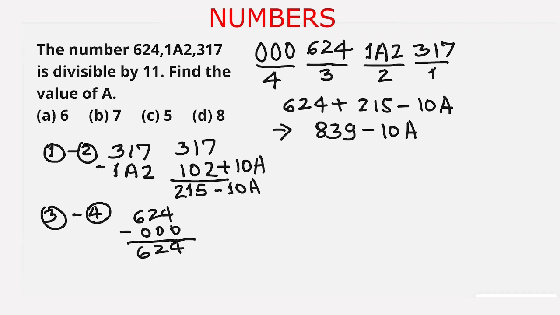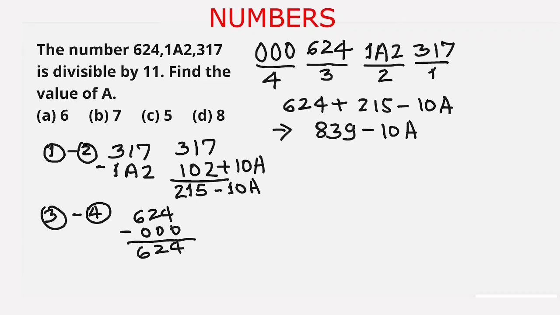Please understand. 839 must be subtracted by a two-digit number where 0 is at one's place, and that number must be divisible by 11.